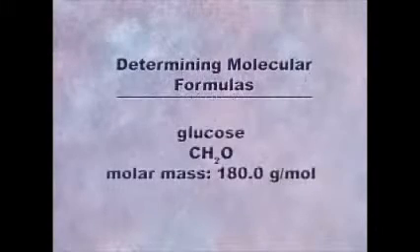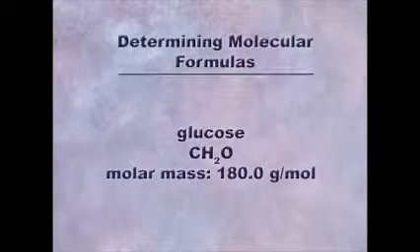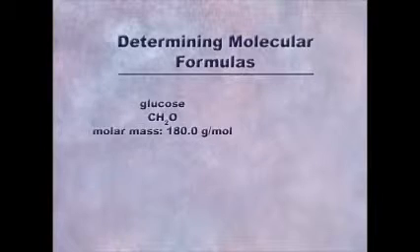If the empirical formula and the molar mass of a compound are known, you can determine the molecular formula. For example, the empirical formula of glucose is CH2O, and the molar mass is 180.0 grams per mole. What is the molecular formula? The first step is to find the molar mass of the empirical formula.